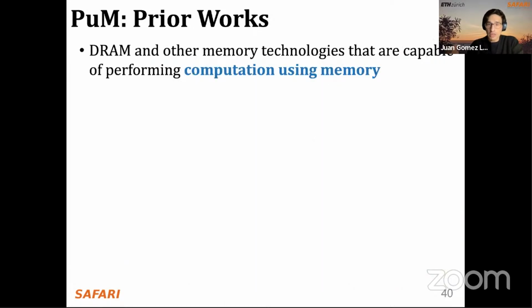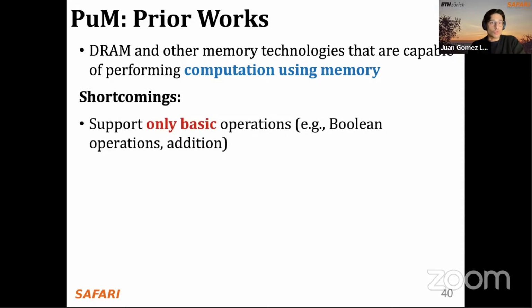So now we know the basics of processing using DRAM, the RowClone operation and the Ambit operations. And as I said, now it's a functionally complete set of AND, OR, and NOT. And in principle, we should be able to implement any more complex operations. But that's something that wasn't shown by previous works.